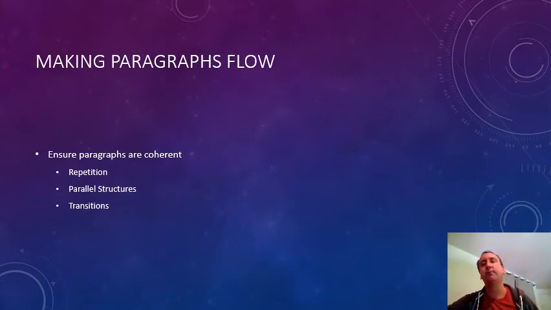You're making sure that when your new paragraph starts, that first sentence is at least tying in or flowing well into the next paragraph. They don't have to absolutely tie into each other, but they do have to be in order.